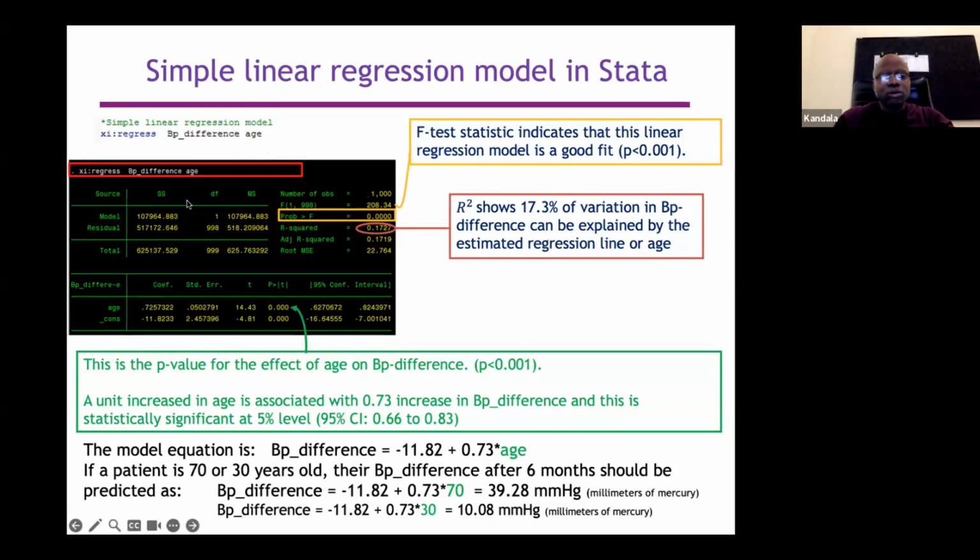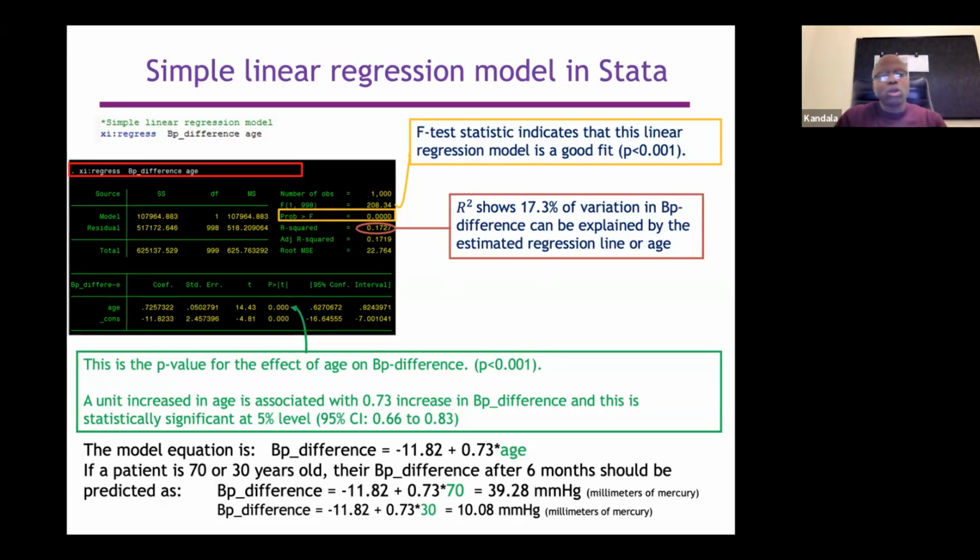So here also you will have these values or these tables. Here the output, the Stata output, where you will have the R square, which is the amount of variance that is explained by the, in this case, the BP difference when estimating the regression line on age.